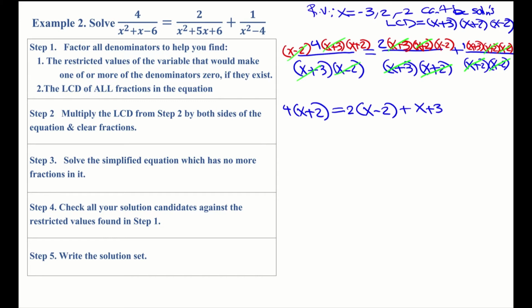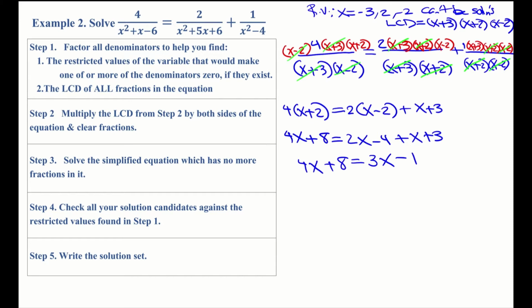Okay, so we go ahead and we multiply it out and simplify, so we get 4x plus 8 equals 2x minus 4 plus x plus 3. So we have 4x plus 8 equals 3x minus 1.